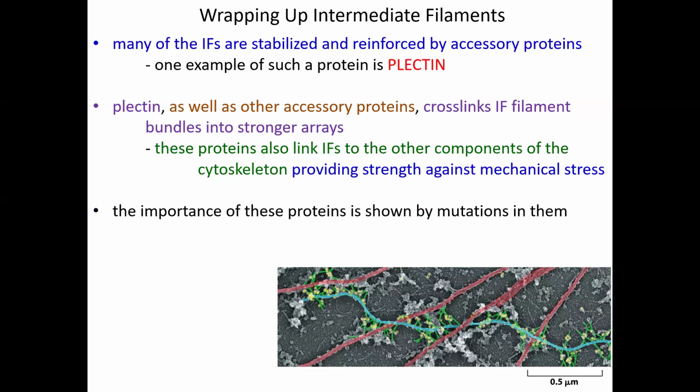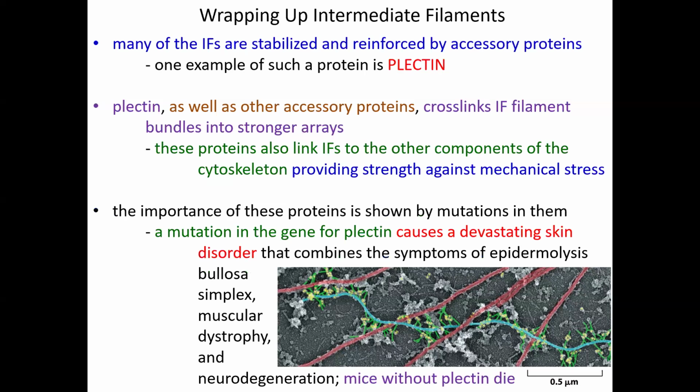The importance of these accessory proteins is also illustrated by mutations. One mutation that I won't name here because we don't need the name, we've got enough terminology so far, but one mutation to the gene that encodes just the plectin protein causes a devastating skin disorder that's even worse than epidermolysis bullosa simplex.